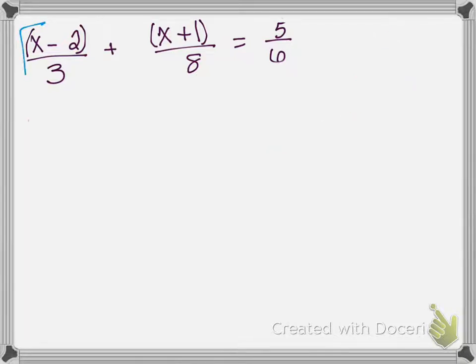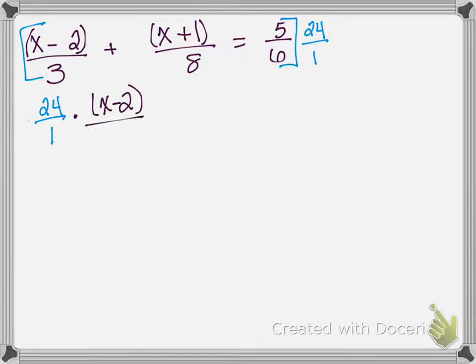Okay, again, we are going to multiply all of this by our LCD, which is 24 over 1. So I have 24 over 1 times x minus 2 over 3, and you will be glad that you have that in parentheses, plus 24 over 1 times x plus 1 over 8.